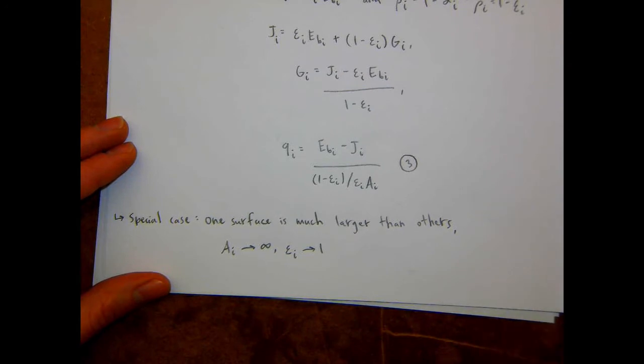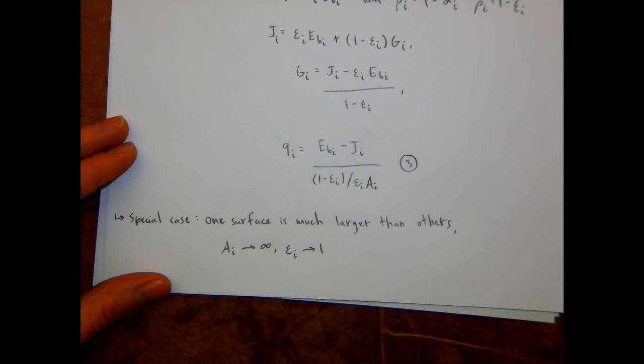And if you just think about it, if one of the surfaces is much, much larger than the rest of the surfaces, there's a high probability that it will intercept all of the reflections of the radiation within the enclosure, and therefore absorb almost all of the radiation and behave just like our previous situation where we had just one isothermal surface for the enclosure.